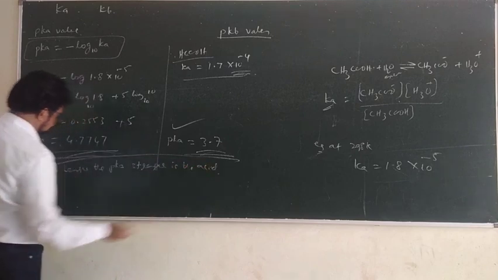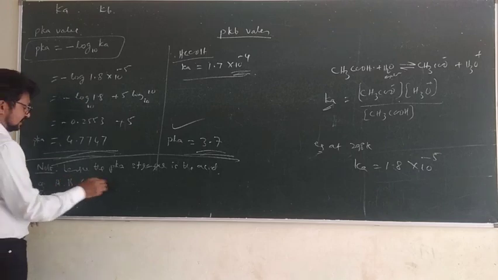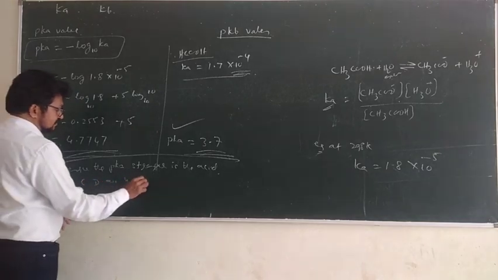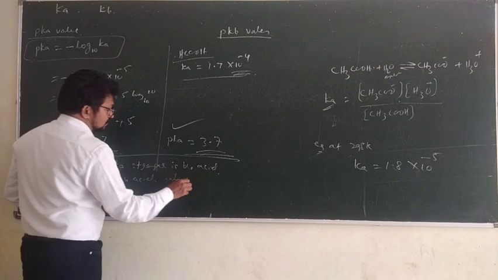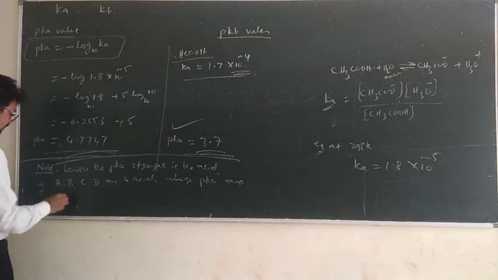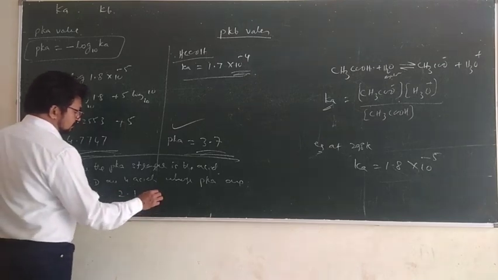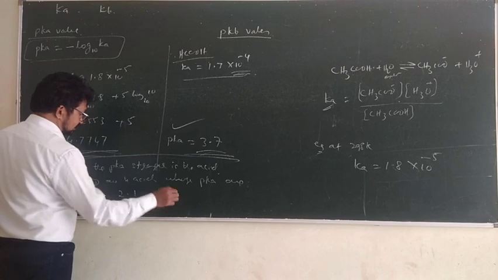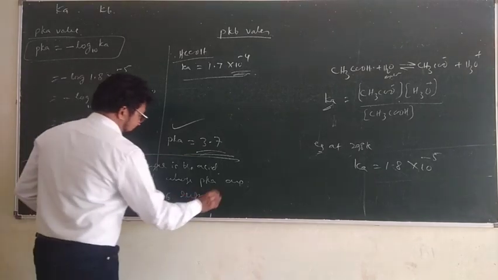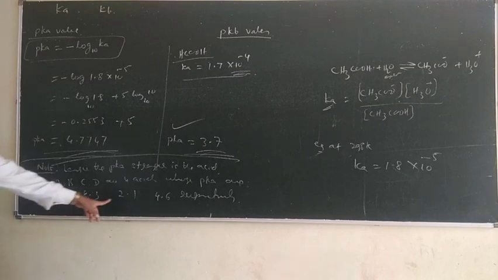Is it okay? For example, A, B, C, D are 4 acids whose pKa are 9.1, 8.3, 2.1, 4.6 respectively. Which is strongest and which is weakest?